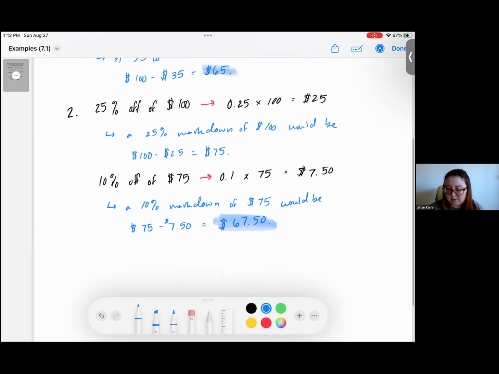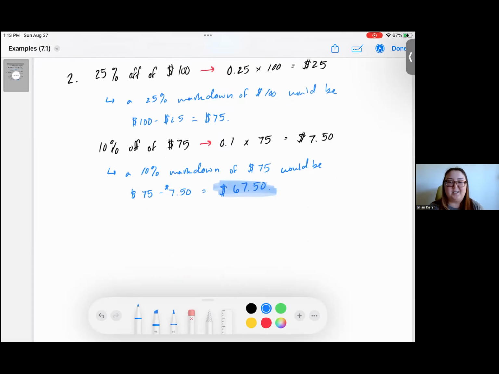So let's just say, well, really, what is $67.50? How much of a percent off is that really? So we would say $67.50 is definitely more than 65. So 25%, 10% off, definitely not the same as 35%.